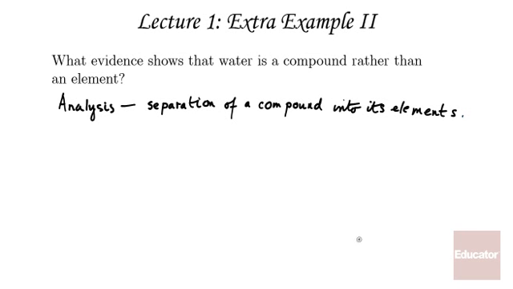And water can be relatively easily separated into its elements using the following very simple experiment. We take a little water, and we put in two electrodes that we connect to a battery, an electric battery.